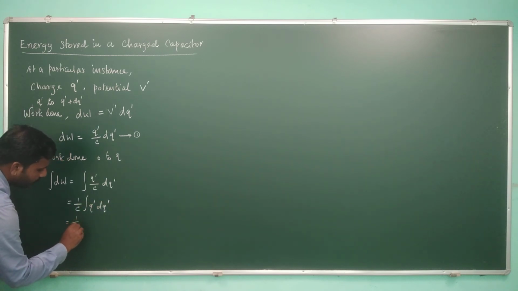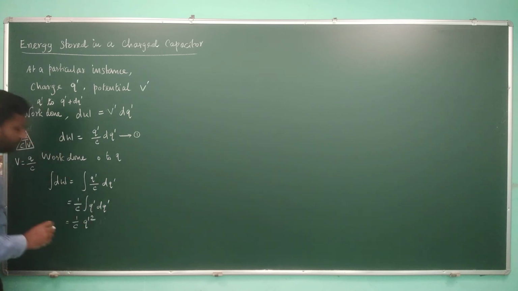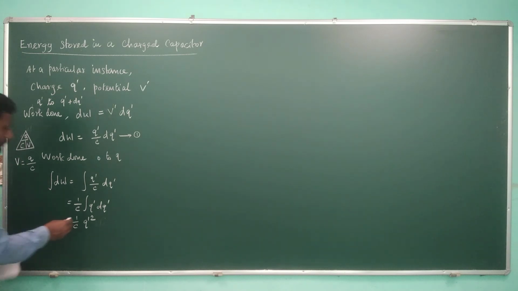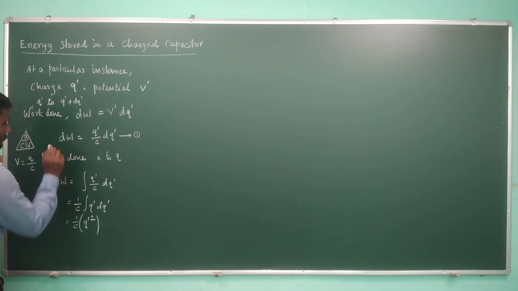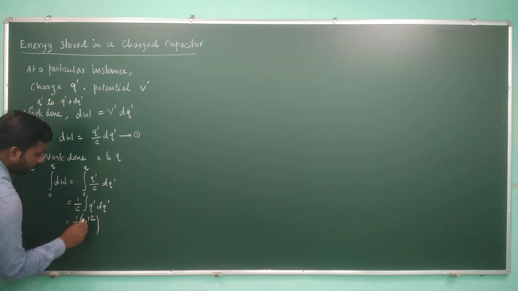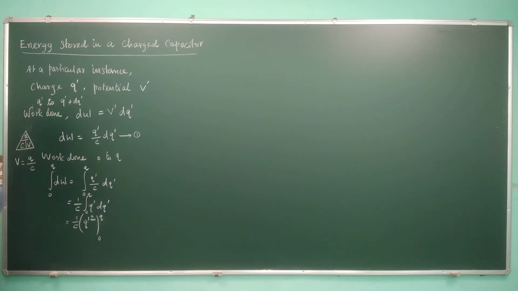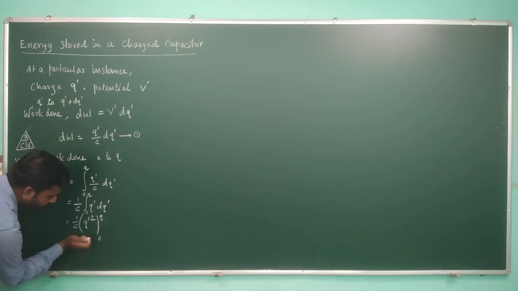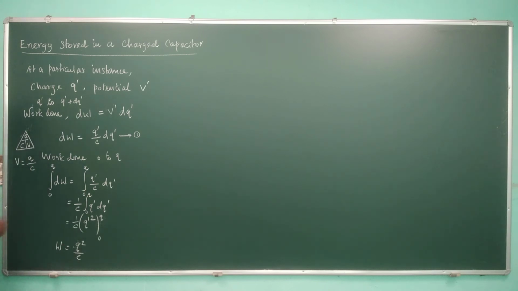This becomes 1 by C, Q prime square by 2. And the limit is from 0 to Q. So it becomes 1 by 2C Q square, that is the total work done W.